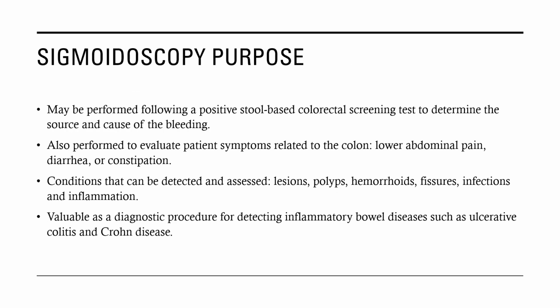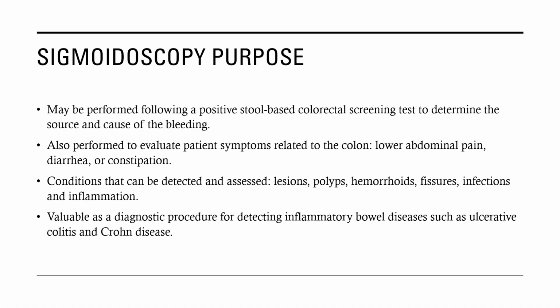Our purpose for the sigmoidoscopy: it may be performed following a stool-based colorectal screening test to determine the source and cause of bleeding. It can also be performed to evaluate certain patient symptoms related to the colon, like lower abdominal pain, diarrhea, or constipation. Some conditions that can be detected and assessed do include lesions, polyps, hemorrhoids, fissures, infections, and inflammation.